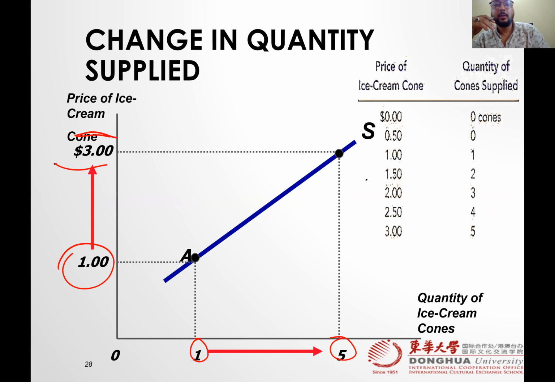In the market, price has increased from 1 to 3, so suppliers increase their production from 1 to 5. We don't have to make a new supply curve. So we are here at point A, and we went to point C. That's it. We don't have to make a new curve; the same curve is fine.